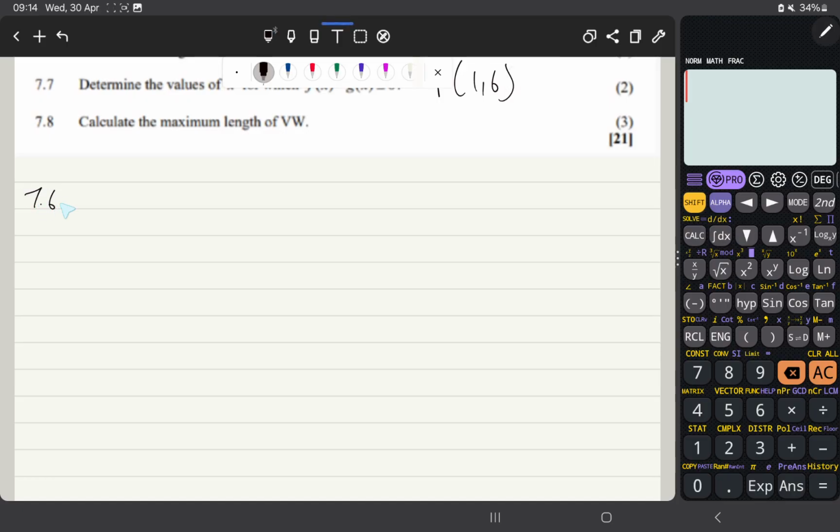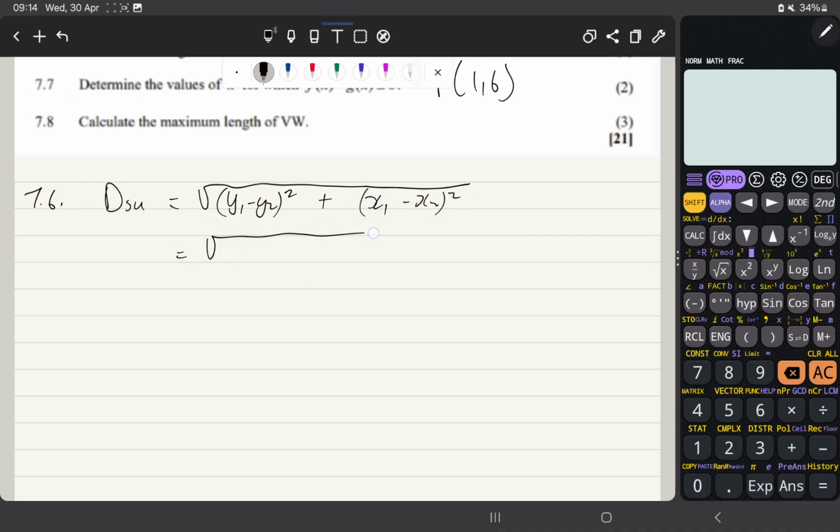So 7.6, distance formula. Distance of SU is going to be the square root of (y1 minus y2) squared plus (x1 minus x2) squared.